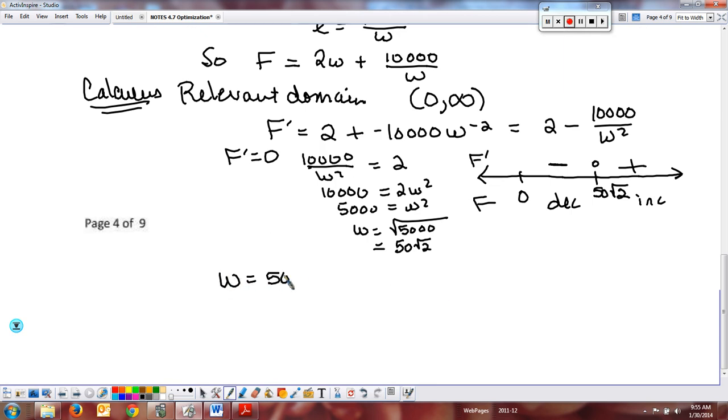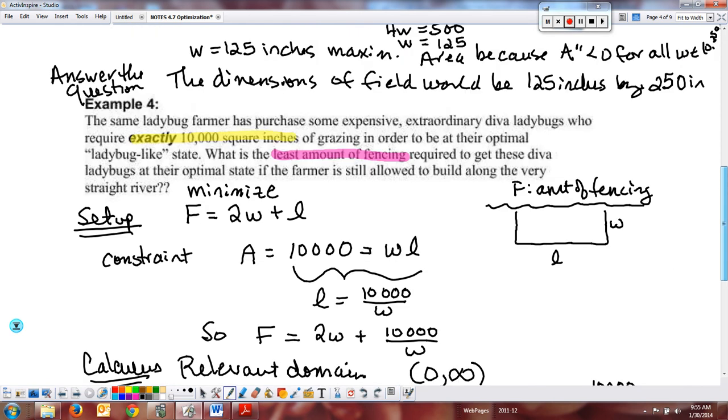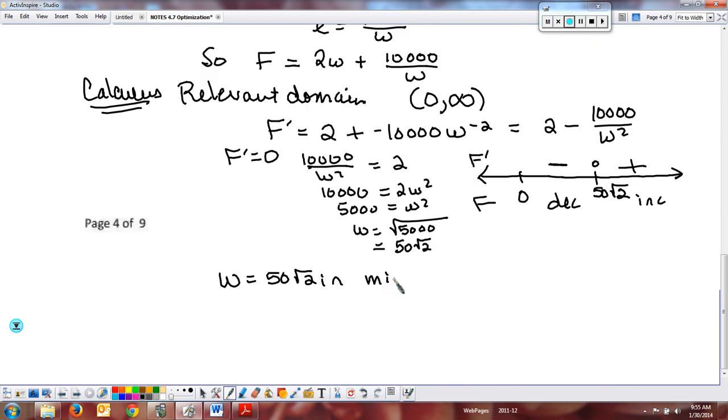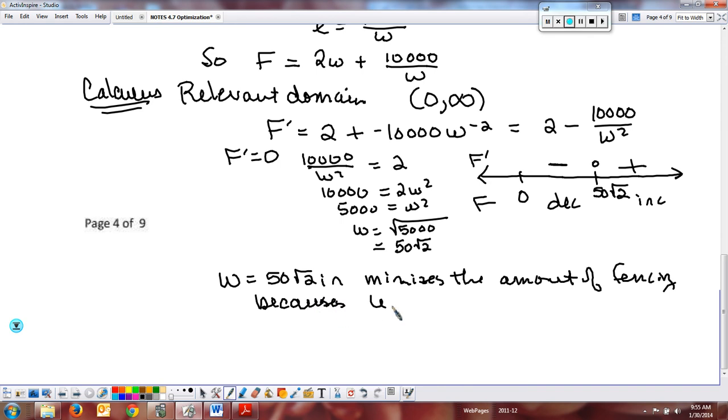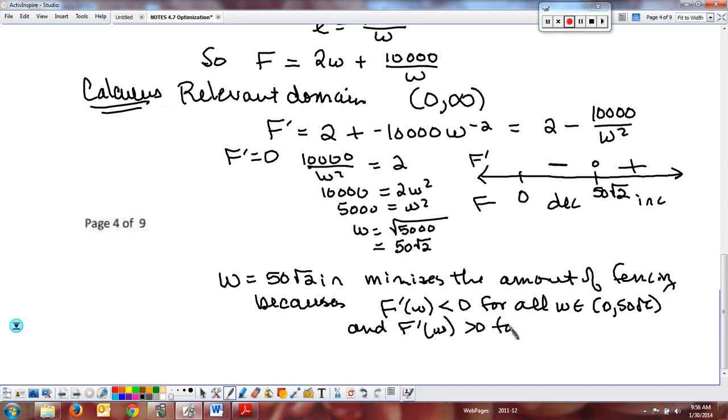So w equal to 50 square root of 2, and our units are inches, minimizes the amount of fencing because your derivative f prime of w is less than 0 for all w in the interval from 0 to 50 square root of 2, and f prime of w is greater than 0 for all w from 50 square root of 2 to infinity.